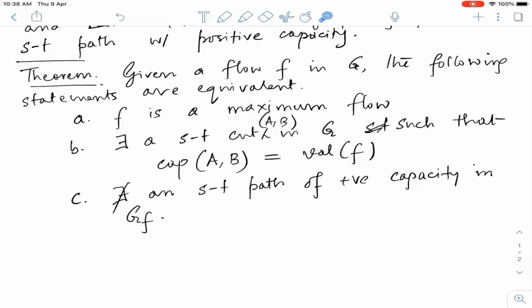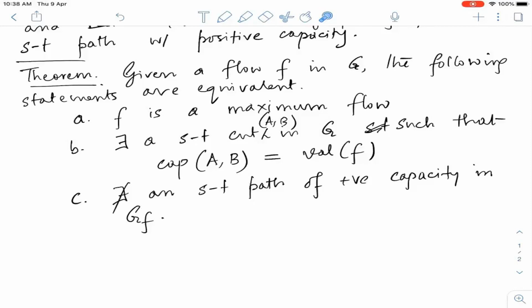If I'm able to prove this theorem, then it immediately gives me that the Ford-Fulkerson algorithm is correct. Why? Because if C and A are equivalent, then not finding an ST path in your residual graph is really an optimality condition. It really tells you that F is a maximum flow. And statement C is really the stopping condition of Ford-Fulkerson. So once I have this theorem, I am done, is what I'm claiming.